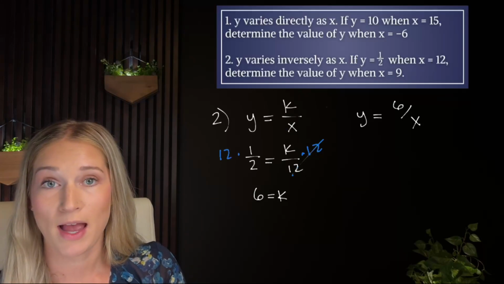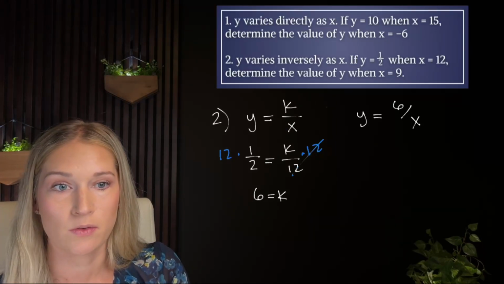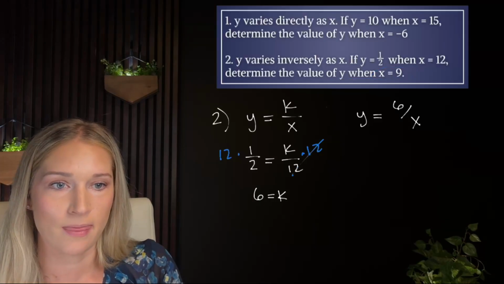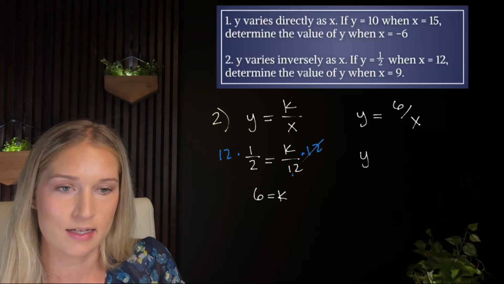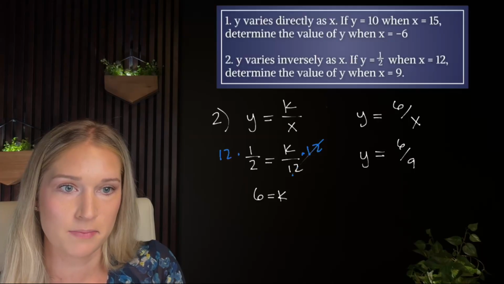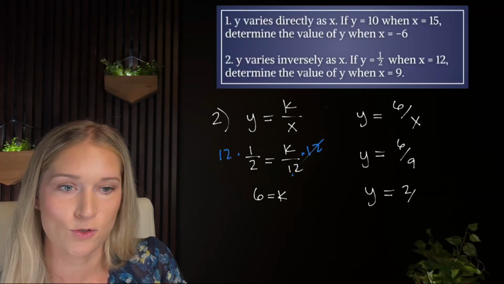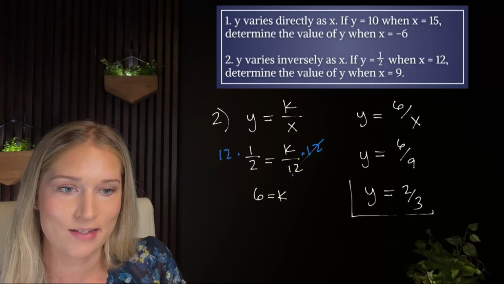So the question that we're actually concerned with is what is the value of y when x equals 9? So I'll go ahead and throw my 9 into x and simplify. I can reduce 6 and 9 by 3, giving me 2/3. So that is my y value.